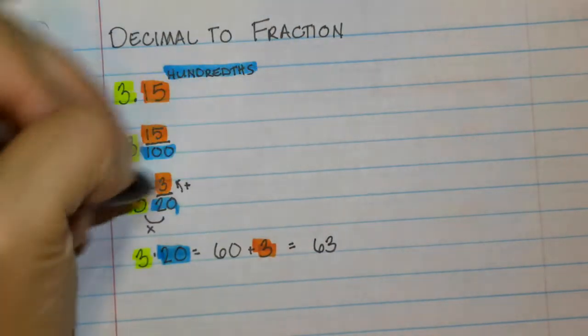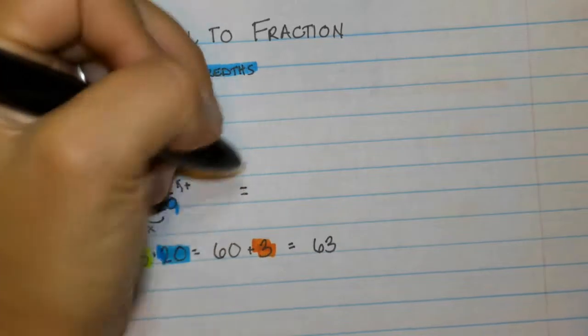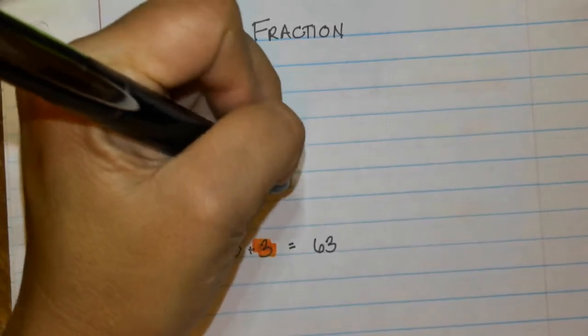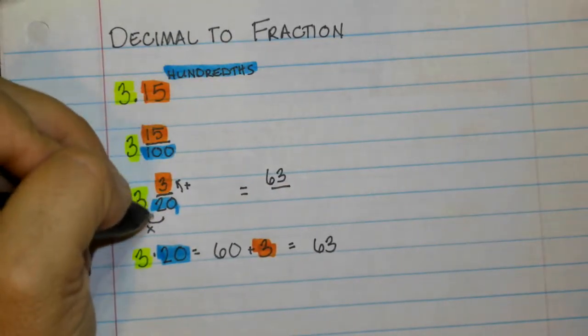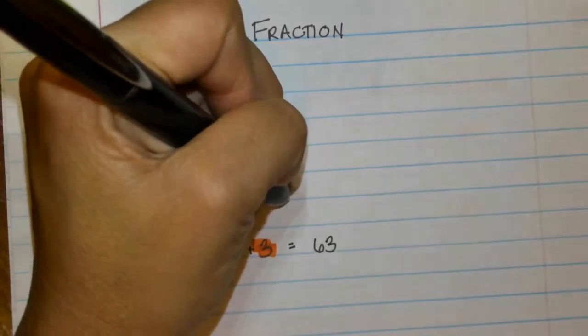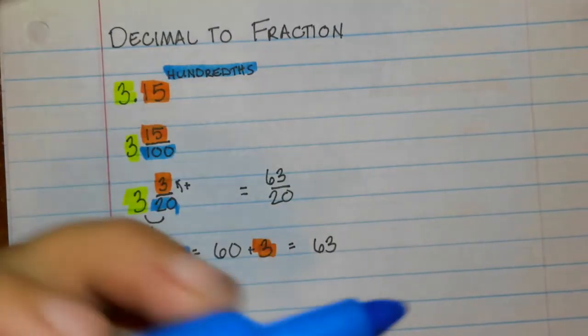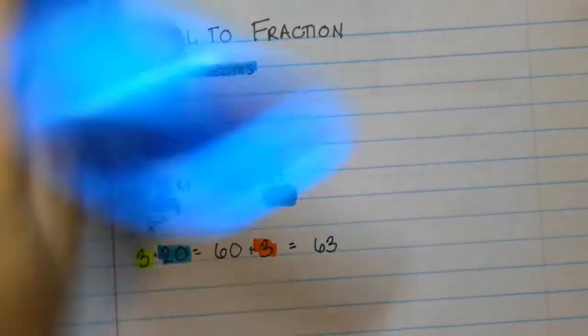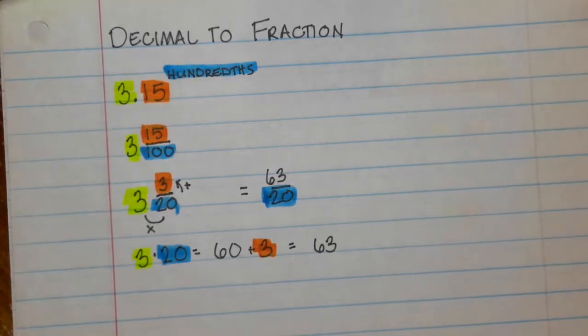So 3 and 3/20 is equal to 63 over 20, and the denominator stays the same. And there's your final answer on that one.